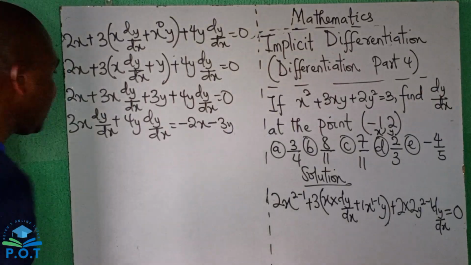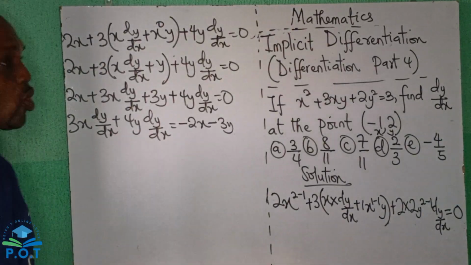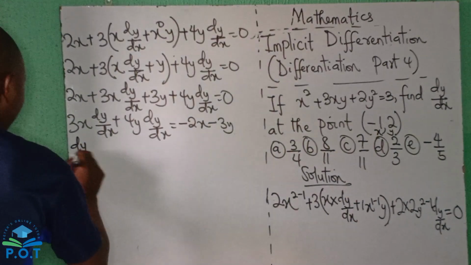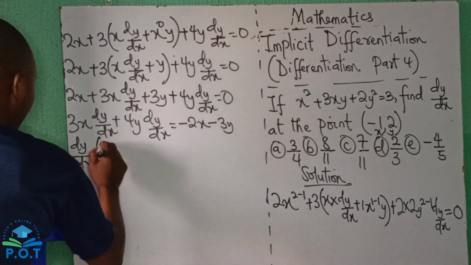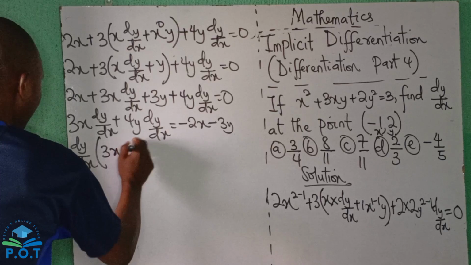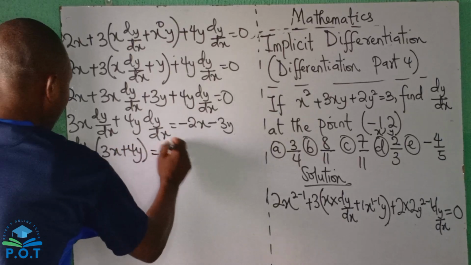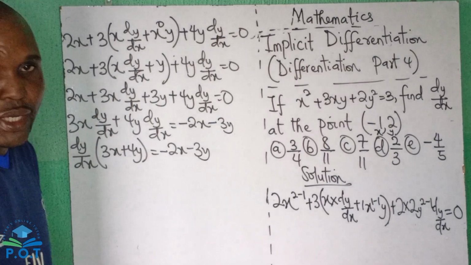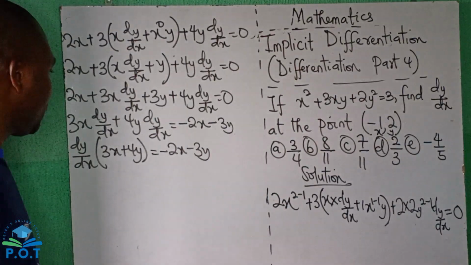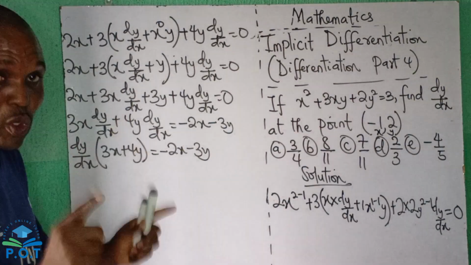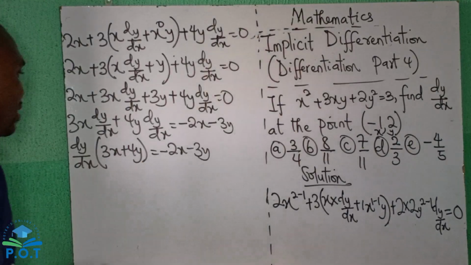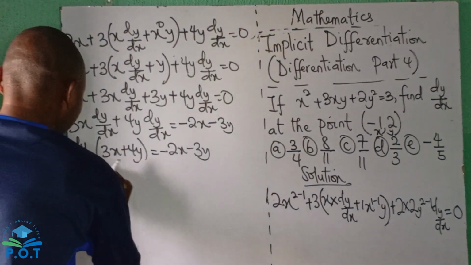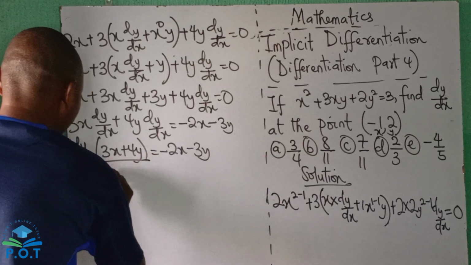Now, the dy/dx is common, so I can bring out the dy/dx. So I'm having dy/dx, brackets open, 3x plus 4y equals minus 2x minus 3y. At this point, I want dy/dx to stand alone, so I'll divide both sides by 3x plus 4y.